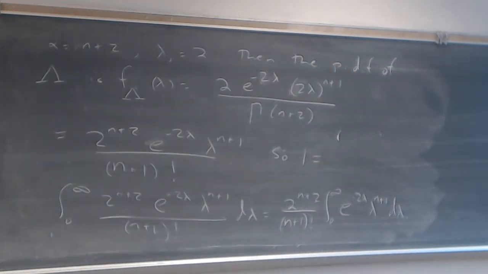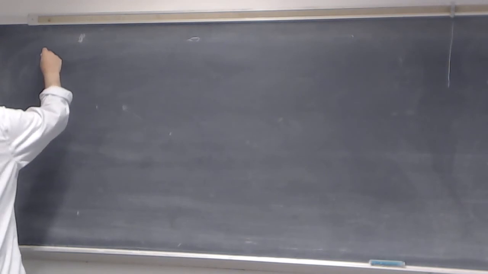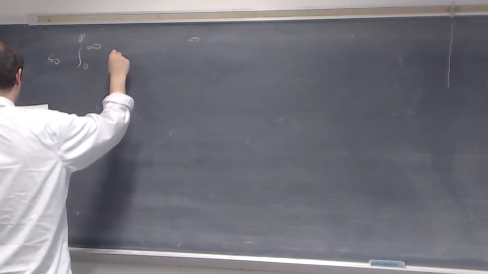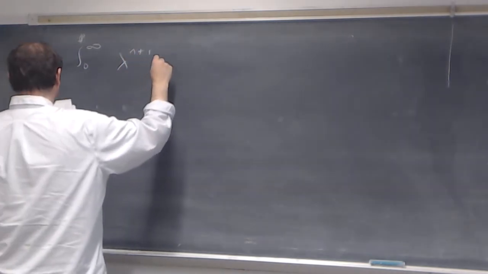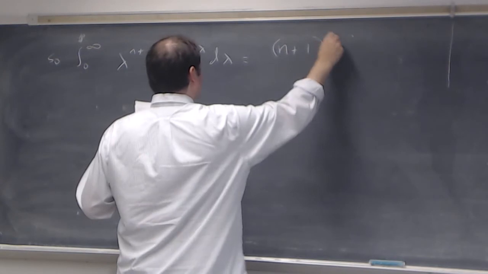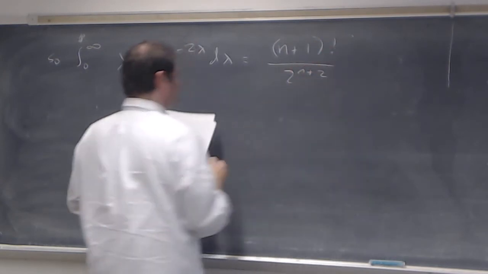And so using that, we get for the integral, which is what I was trying to compute: the integral from 0 to infinity of lambda to the n plus 1, e to the minus 2 lambda, d lambda, will be equal to n plus 1 factorial over 2 to the n plus 2.